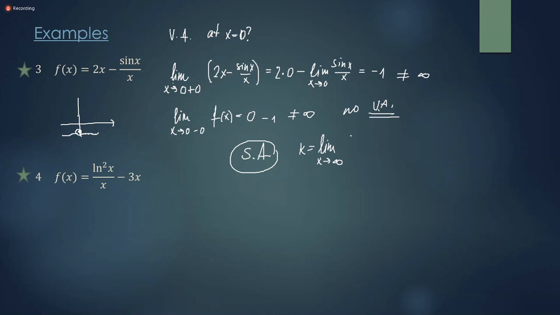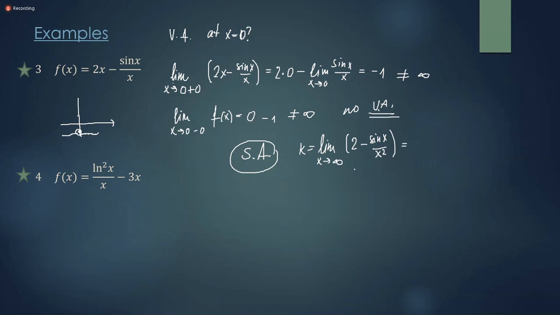So we have to check whether that slant asymptote exists. Let's divide the function f by x. So we have the limit of 2x divided by x, which is 2, minus sine x divided by x and divided by x again. So this is f of x divided by x.